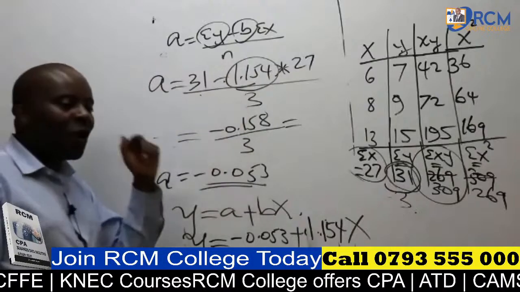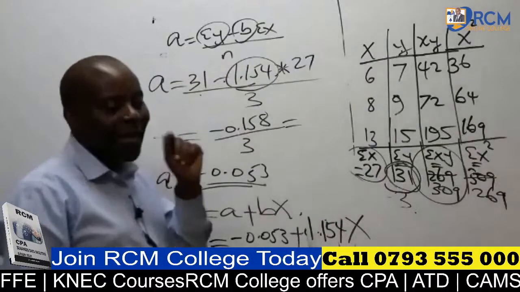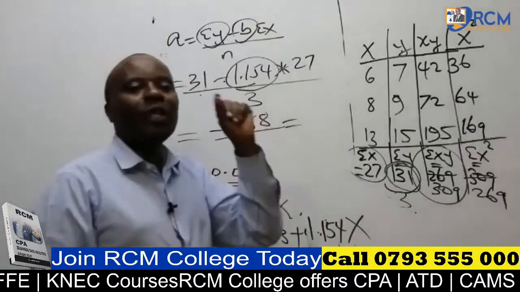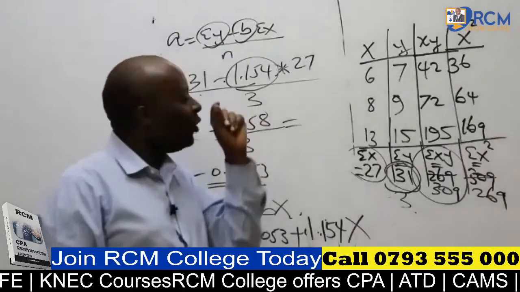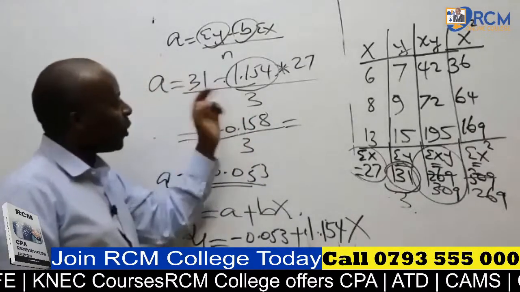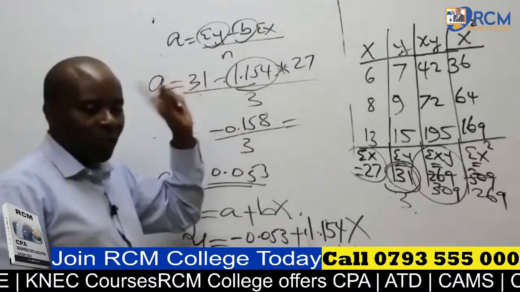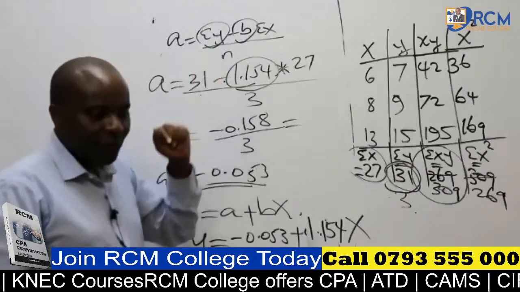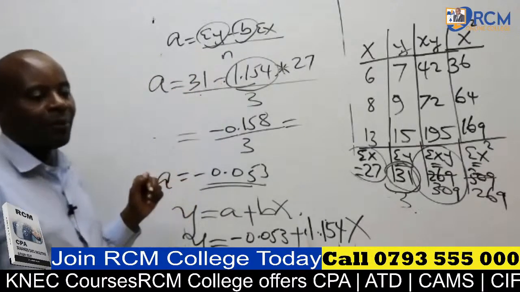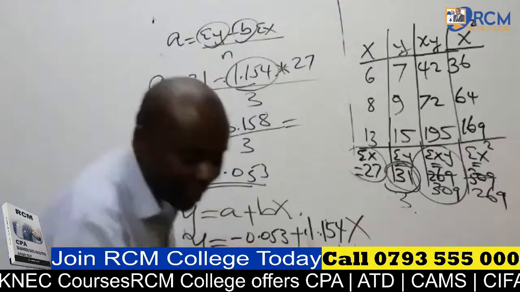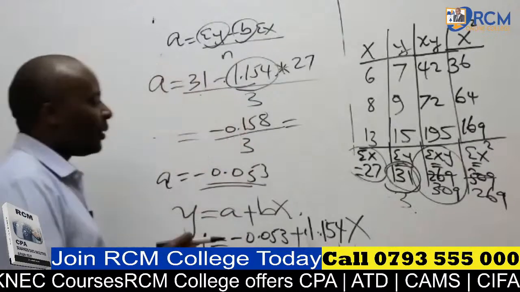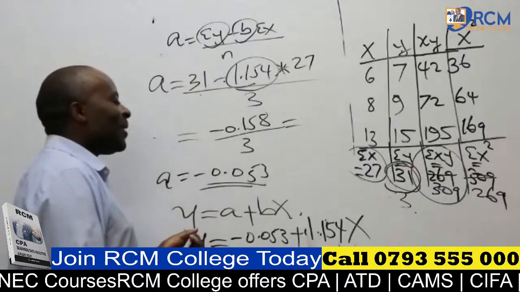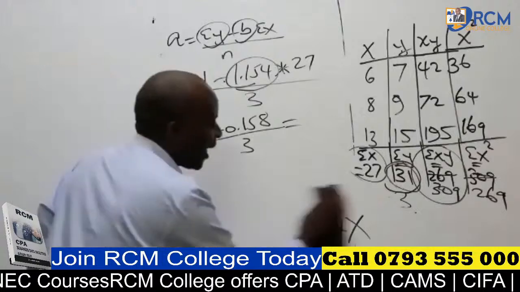3. Fatima, umekosea, haujatafuta numerator kando. Lazima utafute numerator kando na calculator yako. Numerator useme 31 minus 1.154 times 27, useme equals Fatima. Please, ukifanya, mimi najua nimemark exams za CASNEB for so long, and I know the biggest mistake that students do.